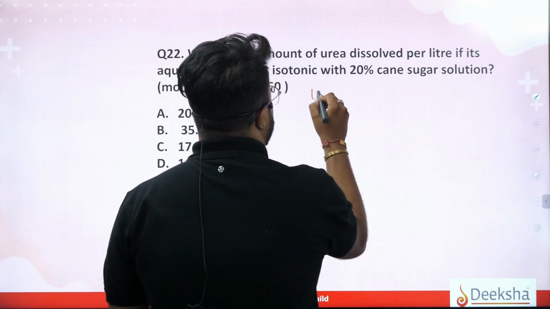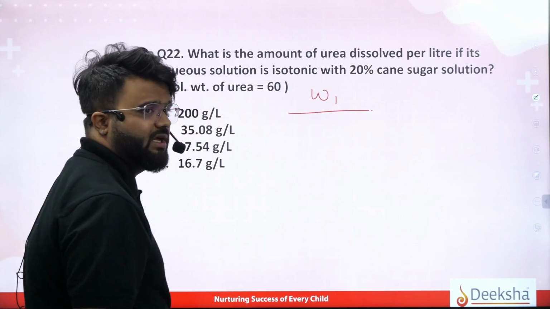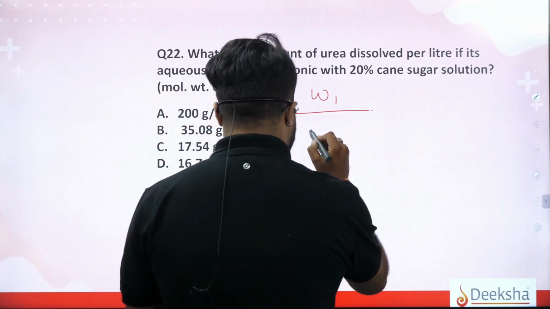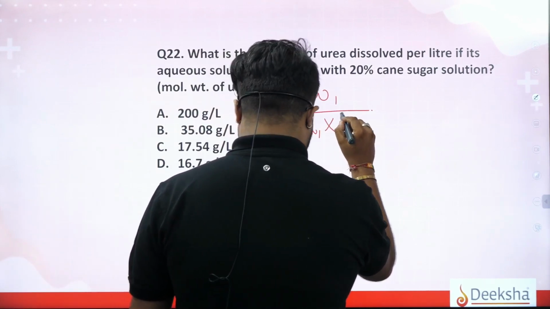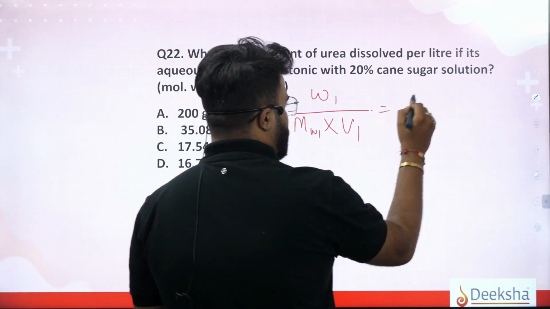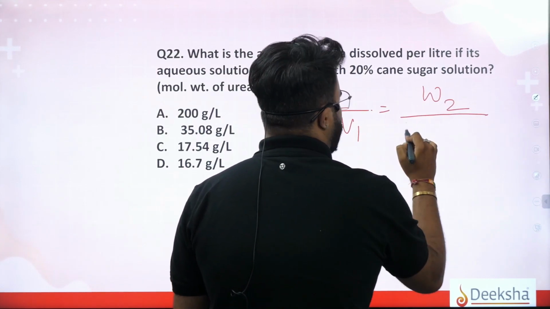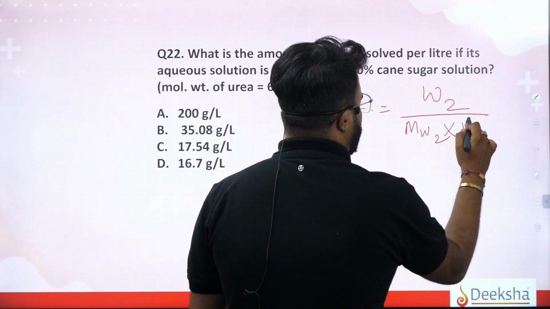Then we will have the formula: W1 divided by molecular weight 1 into V1 is equal to W2 divided by molecular weight 2 into V2.